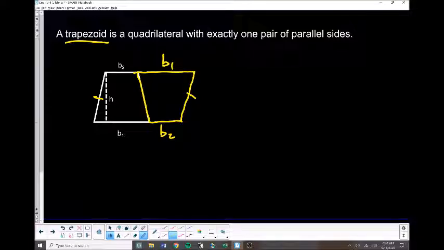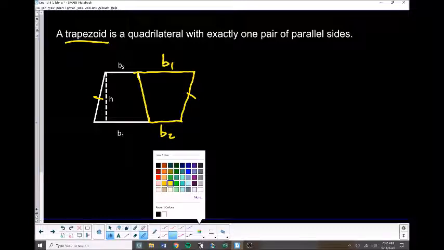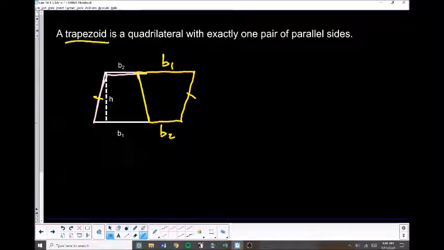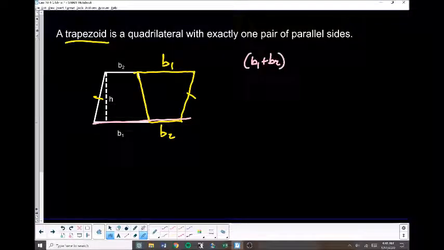So let's first just find the area of this big parallelogram. The area of that parallelogram is going to be the base, which is B1 plus B2, times the height. Well, the area of a trapezoid is going to be half of that, because right now we have two trapezoids put together.